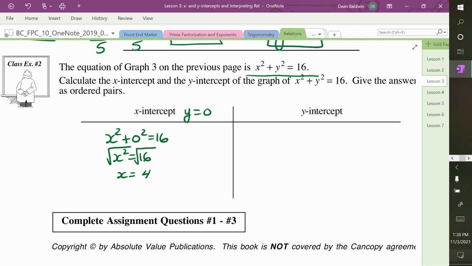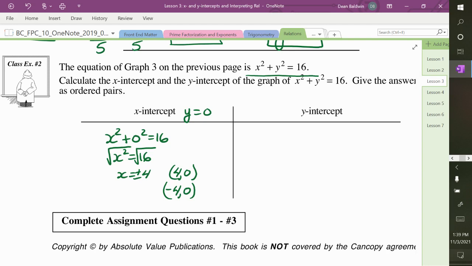What's negative 4 times negative 4? 16. So what's the square root of 16? Yes, you have to put the plus or minus. When you square root something, you get 2 answers. The positive root and the negative root. So I want them both. So the answers for this are 4 and negative 4. There's 2 x-intercepts. Okay? When you square root something, you get 2 answers.